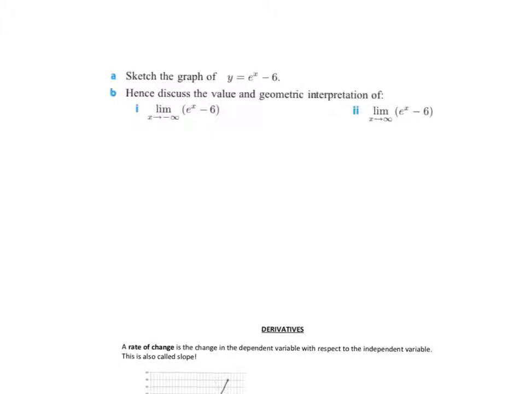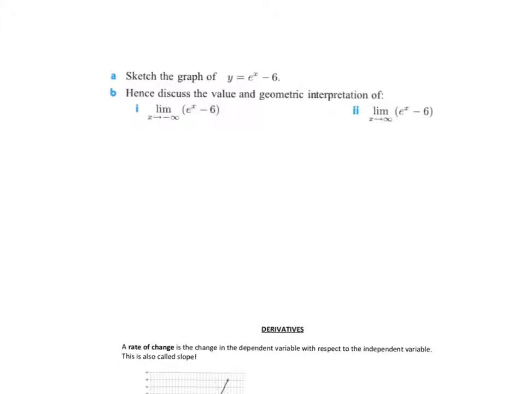Now, I emphasize here that you really need to remember the characteristics of your e to the x graph, your natural log graph, and your log graph, which I know it's been a long time. But I'll remind you of that when we start looking at derivatives of logarithmic and natural log functions.